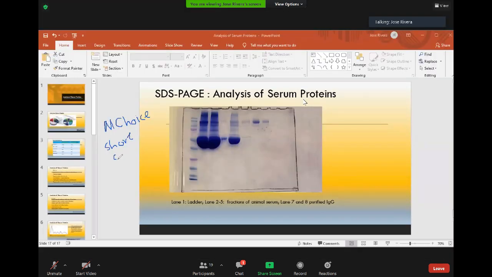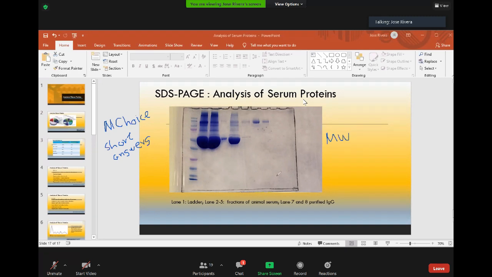So I may ask you, what component do you need to break the disulfide bonds, or something like that? Then you say, oh, BME. Or by what characteristics does the SDS-PAGE separate the proteins, and you say by molecular weight.